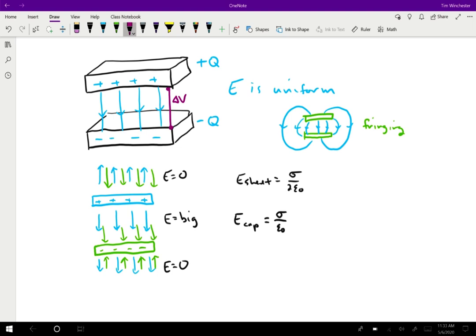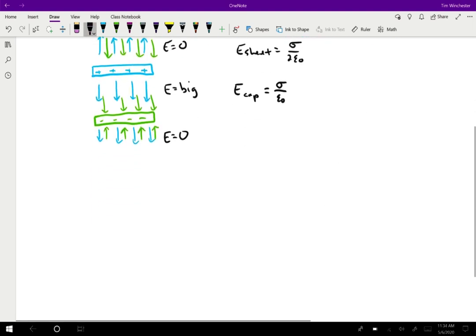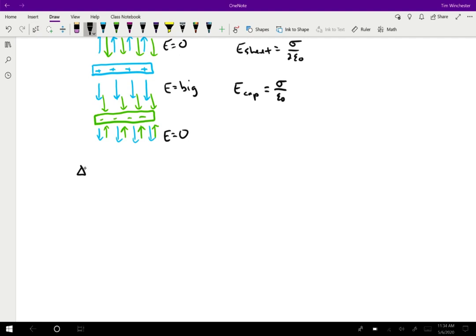What is the potential difference between those two plates? How do we do that? Well, I have a formula for delta V. Delta V is equal to negative the integral of E dot ds. What we're really interested in here is the magnitude of the difference, so I'm not going to worry about the minus sign too much.